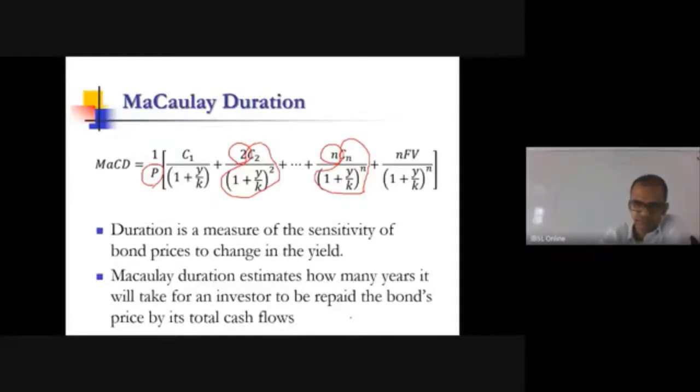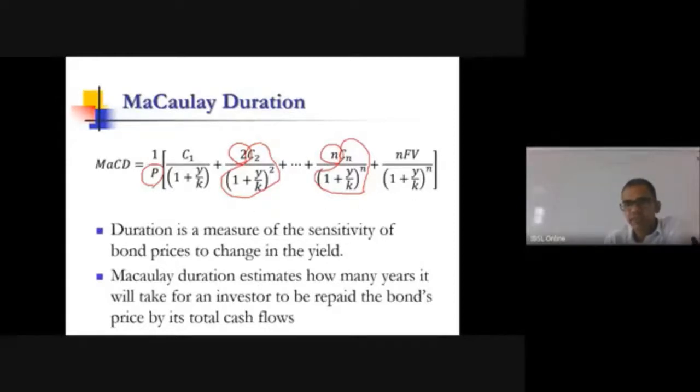So this is the definition of Macaulay duration. It is nothing but a weighted average timing of the bond. Weights are the present values of the future cash flows.